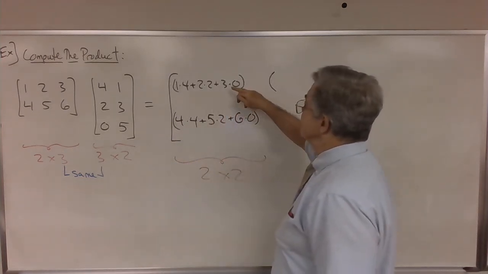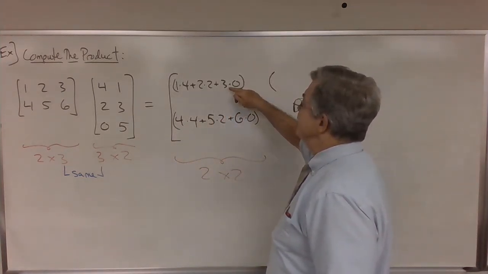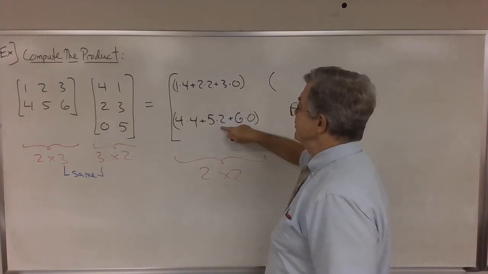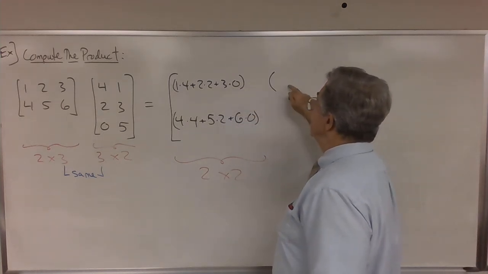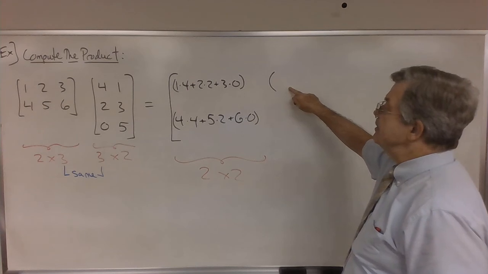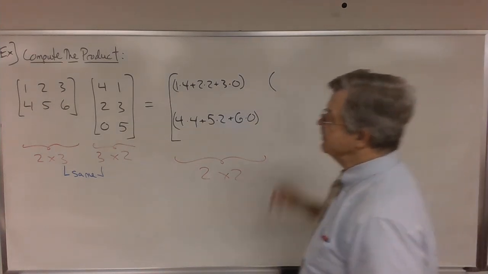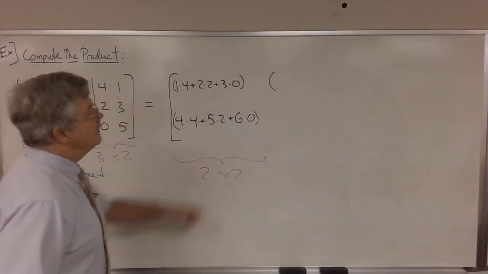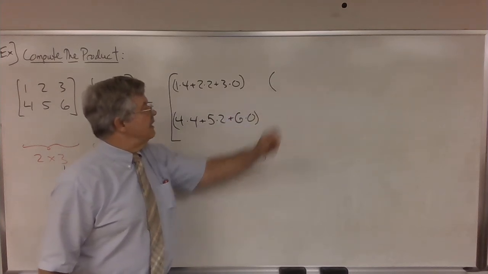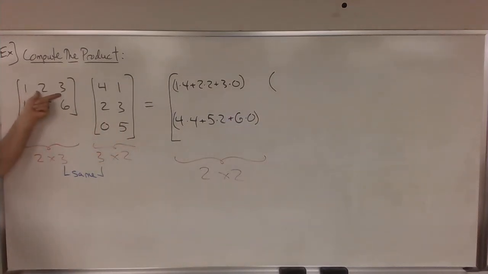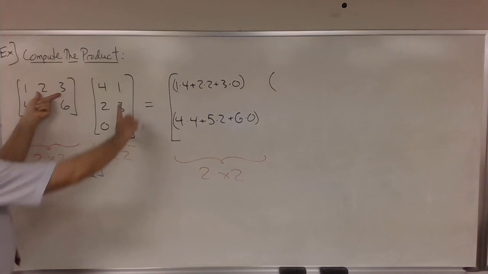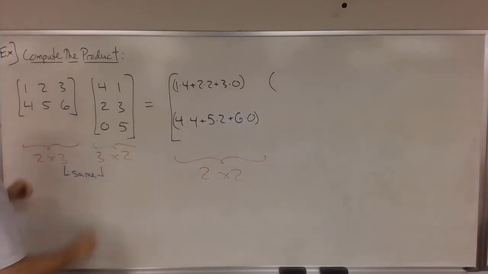So we've got first row, first column, and second row, first column. Now we want first row, second column. We take the product of the first row times the second column.